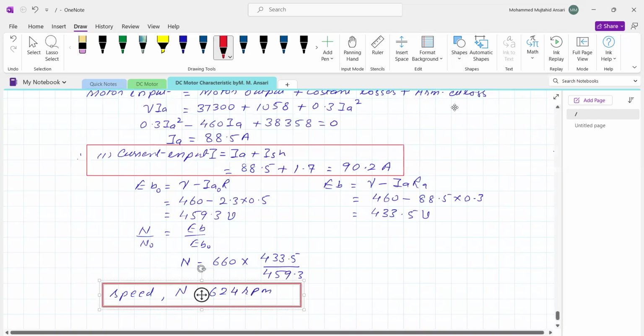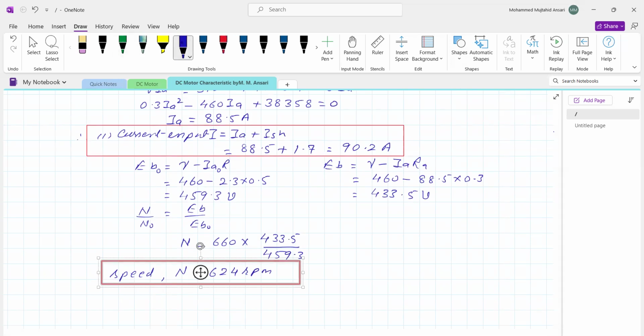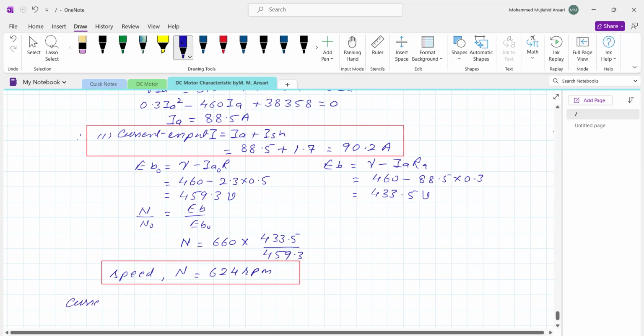Now what is remaining? The armature current at the maximum value of efficiency. So the third point is the current corresponding to maximum efficiency.